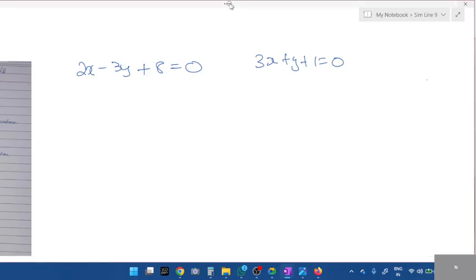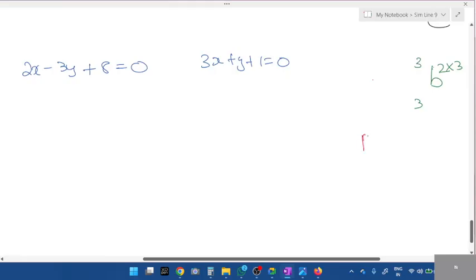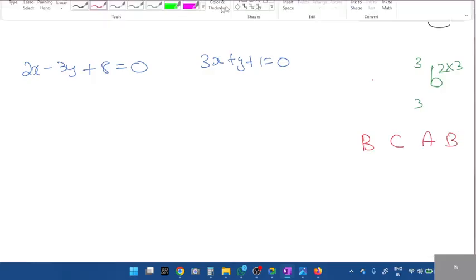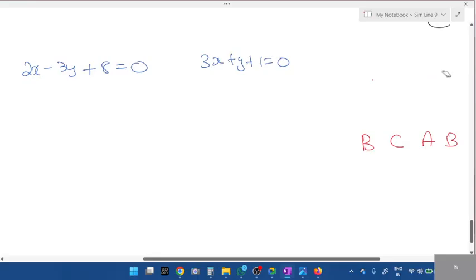Yes, very good. B cap. So if you just remember that B cap, that is enough. You will be able to solve. B, C, A, B. Okay, next. On top of this, you should have written x, y, 1, like this, students.